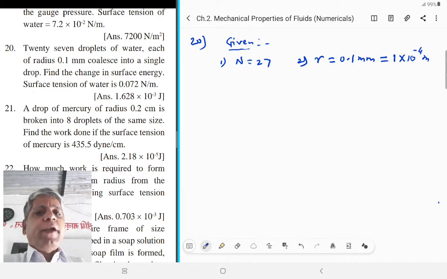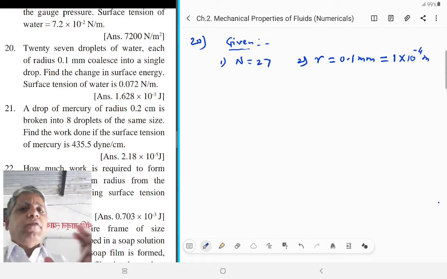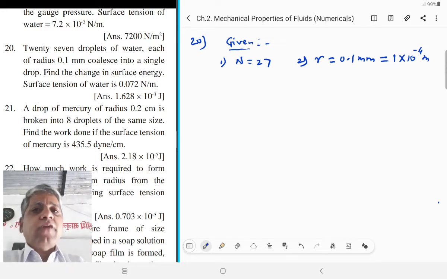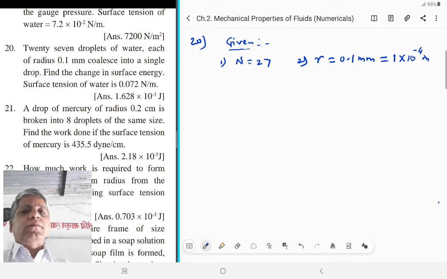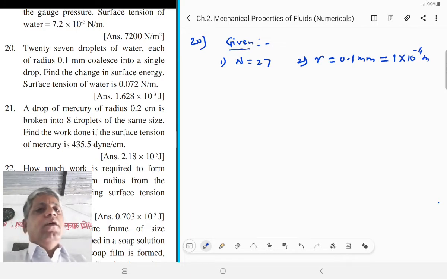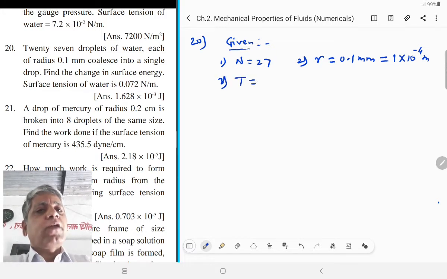These droplets coalesce into a single drop. 27 droplets get together and one single drop can be formed. Then find the change in surface energy. The third given point is surface tension of water is equal to 0.072 Newton per meter.